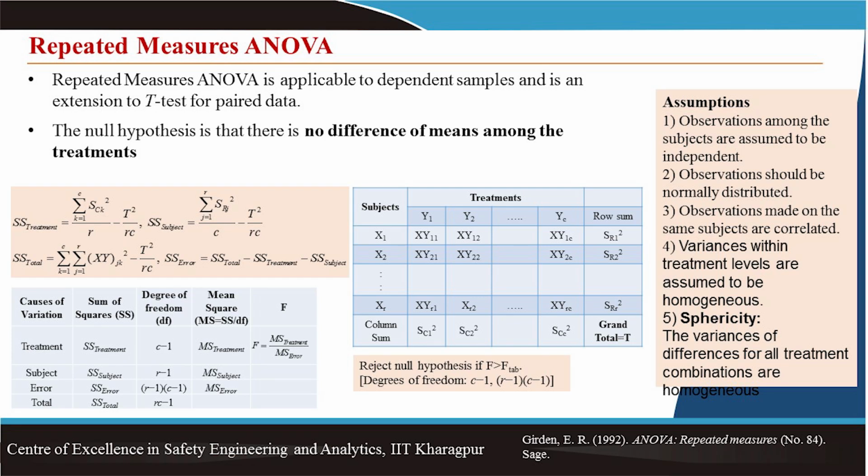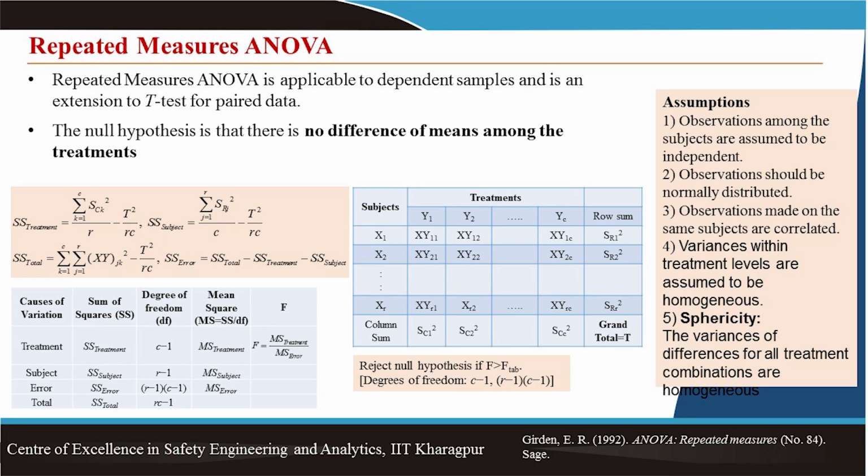This is also very important. After that, in this repeated measures ANOVA, as in ANOVA generally, we compute the mean square. What is the mean square? Mean square is nothing but sum square divided by its degrees of freedom.